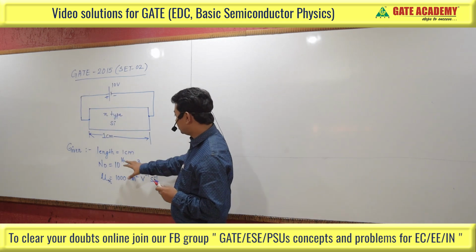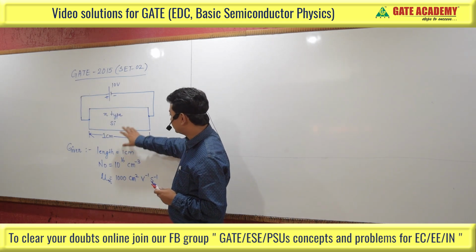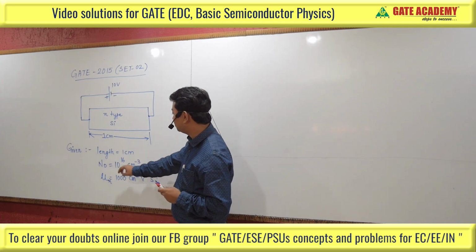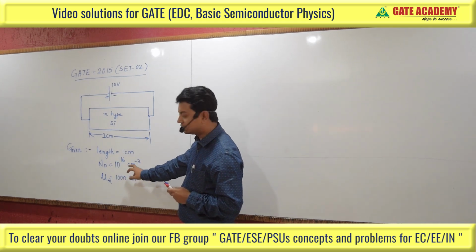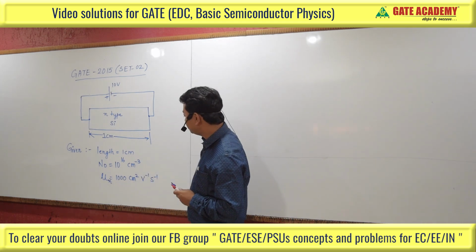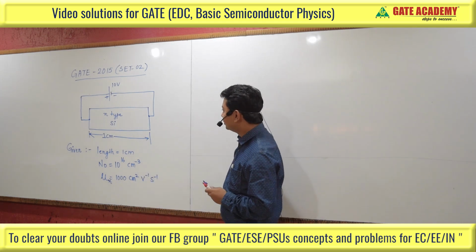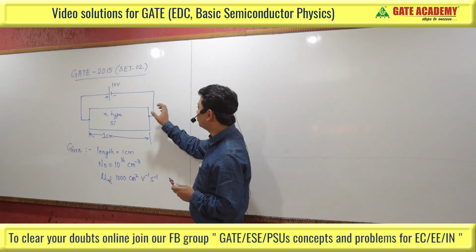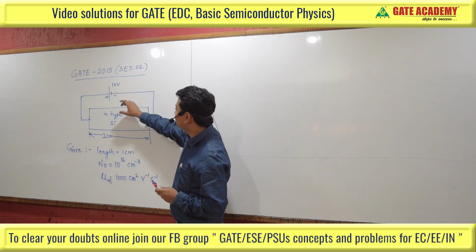So the given data is: length of the semiconductor is 1 centimeter, Nd is equal to 10 to the power 16 per centimeter cube, and mu n is equal to 1000 centimeter square per volt second.